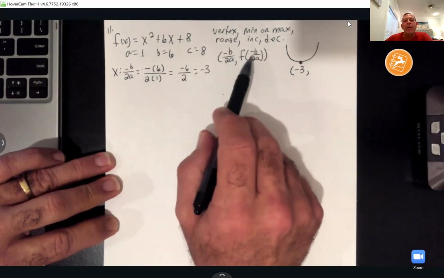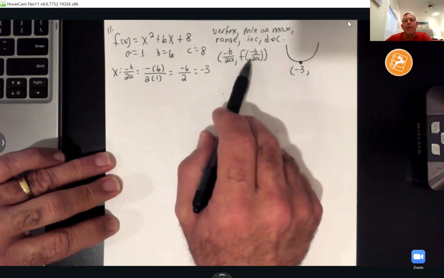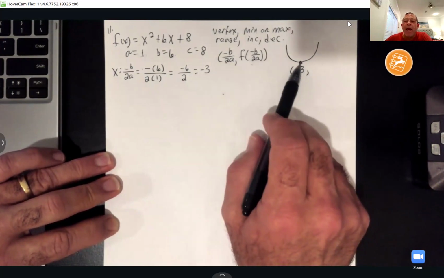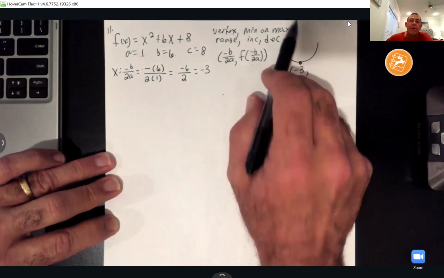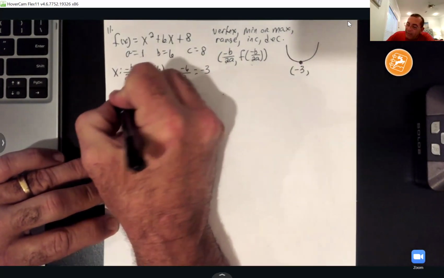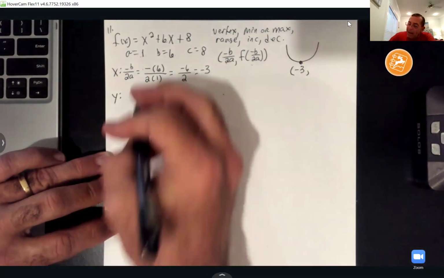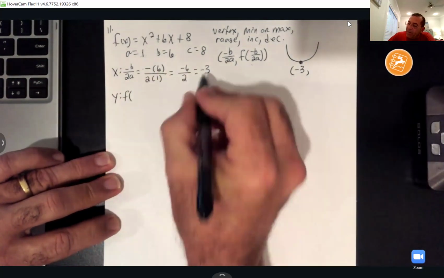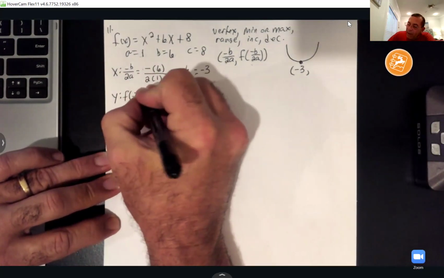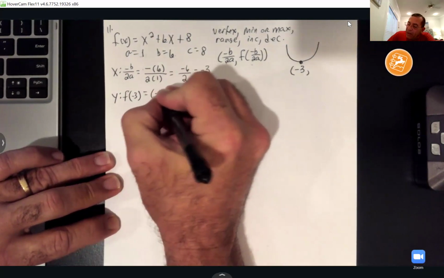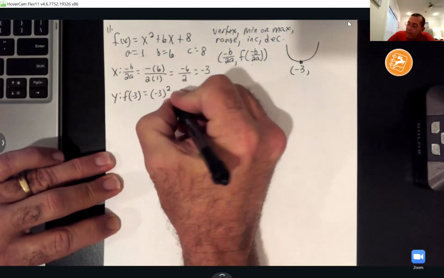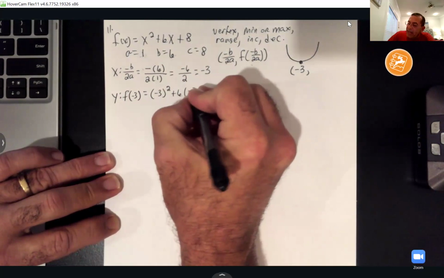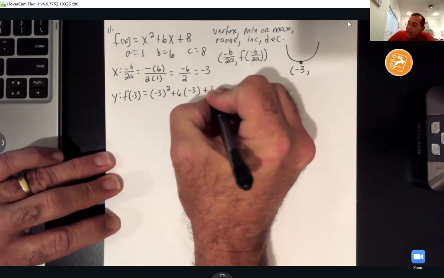So whatever we get here will be our minimum range value, and then they go up. So let's find y by finding f of our negative 3. I'm going to put a negative 3 in and square it, plus my 6 times negative 3 plus 8.